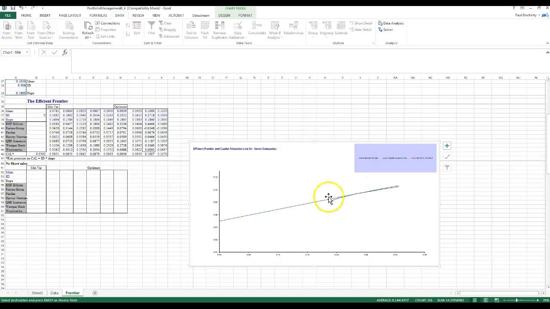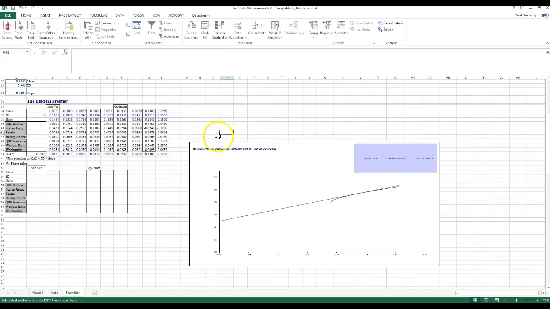The point where this capital allocation line hits the efficient frontier as a tangent would actually be my optimal risky portfolio, just along here. And the green line there is my capital allocation line, starting at the risk-free rate, passing through that optimal risky portfolio and moving onwards from there.